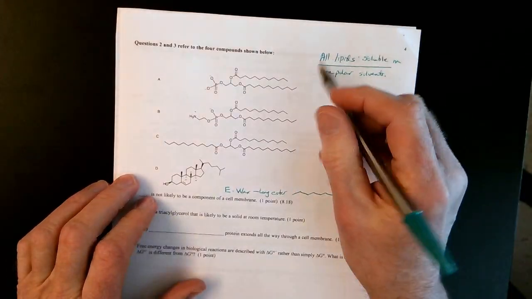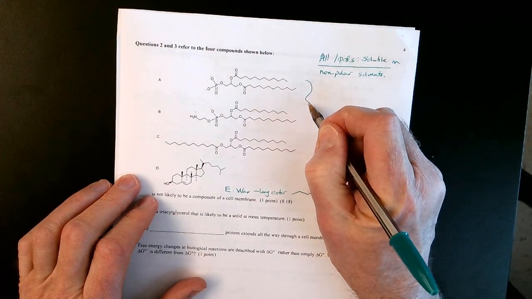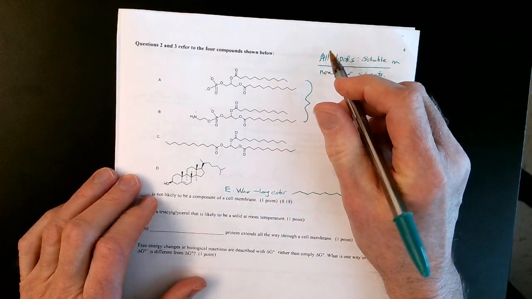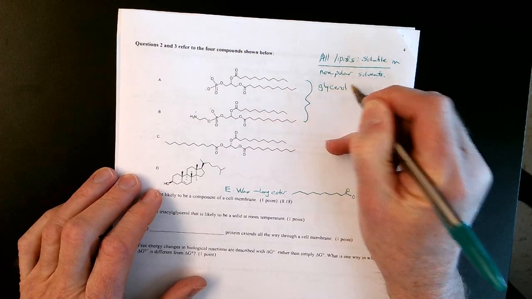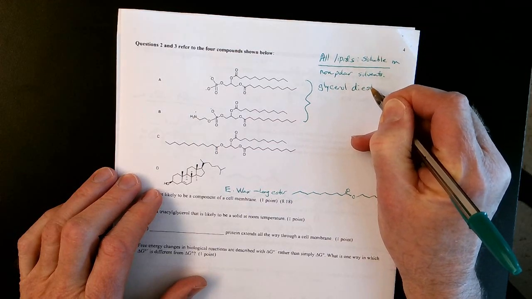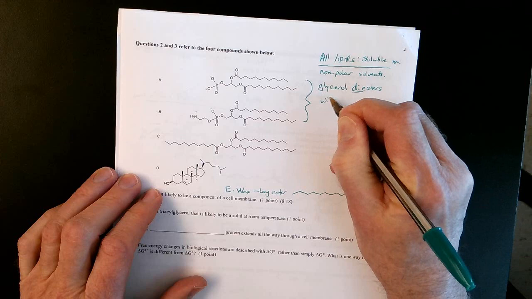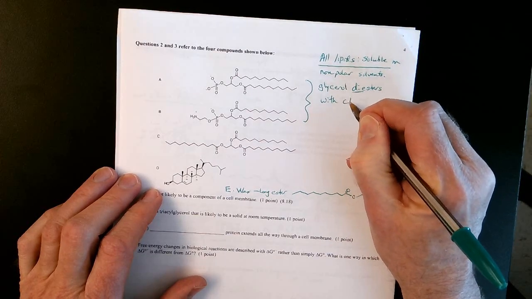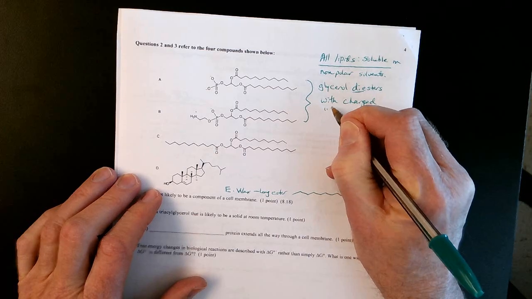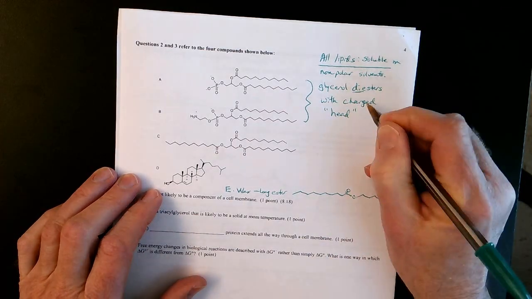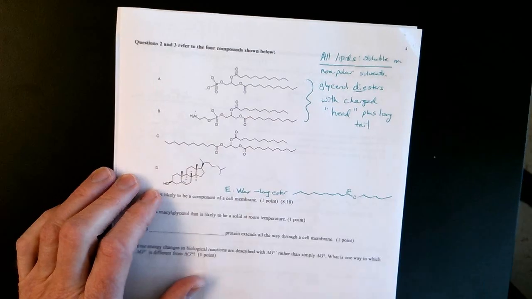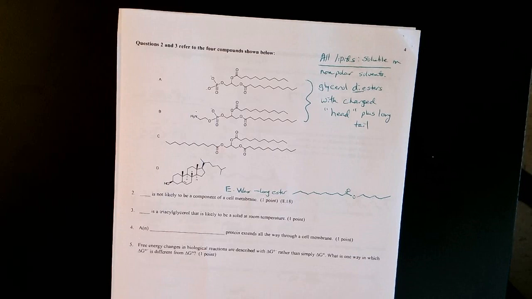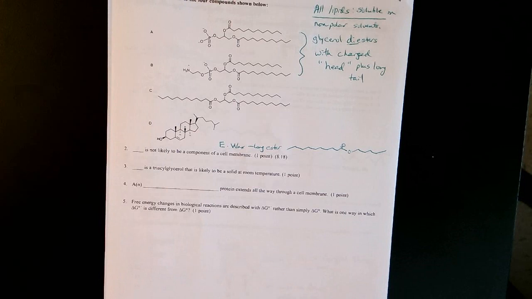Okay, so take a look at the first 2, maybe as a group, and these are certainly glycerol esters, but they are diesters. And they have a charged so-called head, and they have a long tail. All right, that's what the first 2 have in common. The next one, could you look at the next one, which is part C?